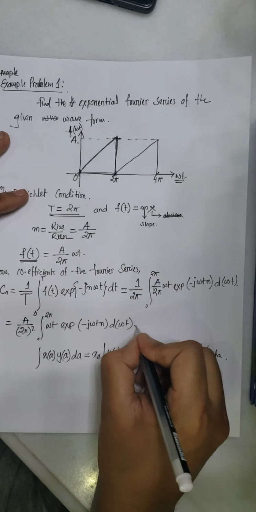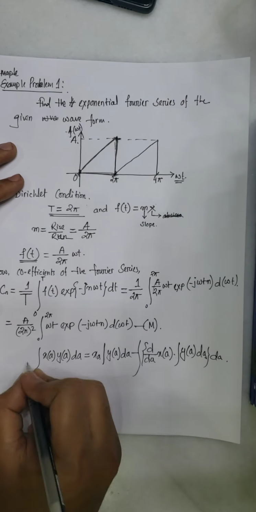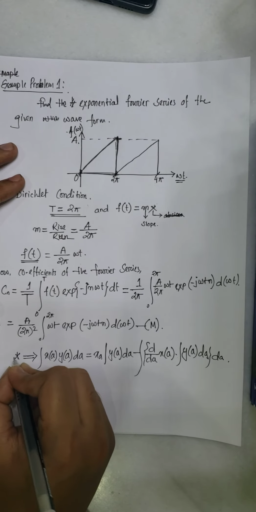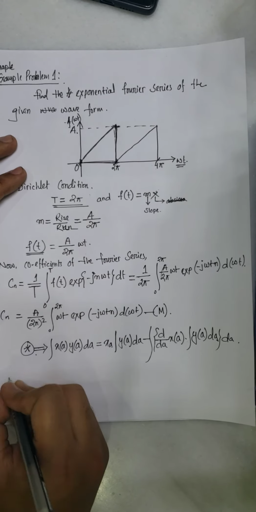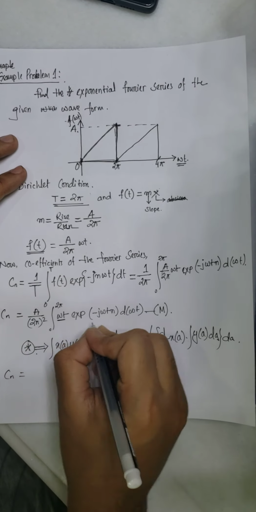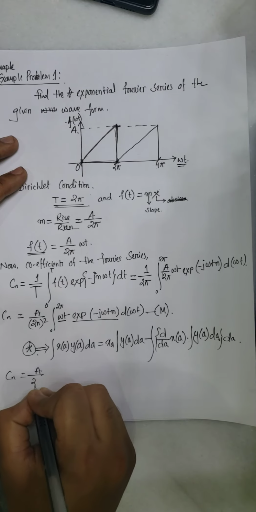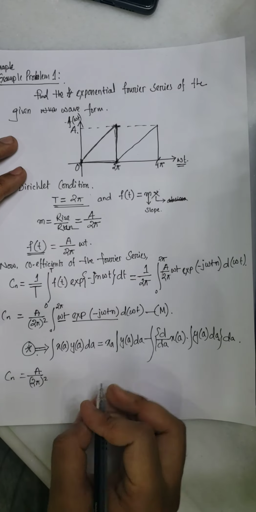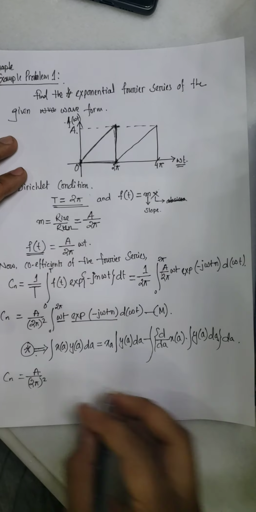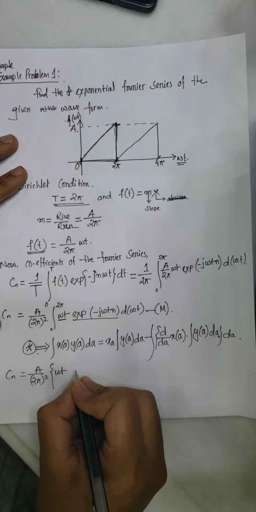Expanding this equation using this formula, we get Cn to be, say, this one is our first function and this one the second function. A by 2 pi squared remains as it is, and omega t remains like before.